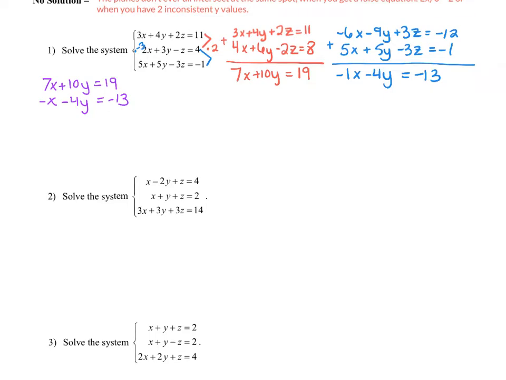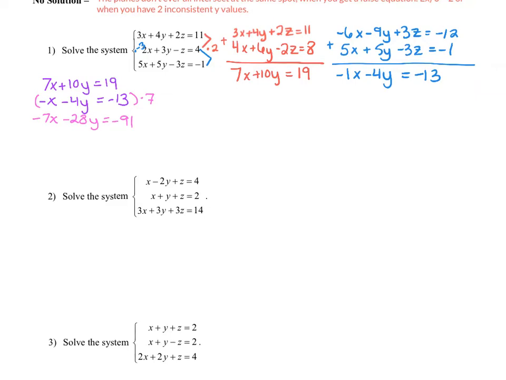What I'm going to do is I see I have a 7x and I have a negative x. So I'm going to multiply this second equation by 7. And that's going to give me negative 7x minus 28y equals negative 91.